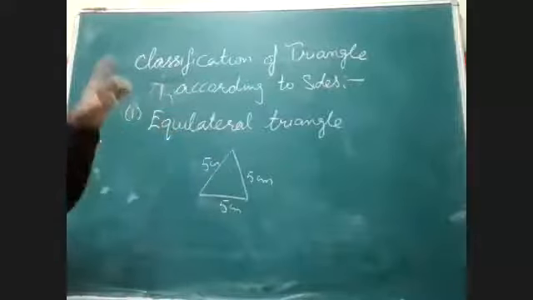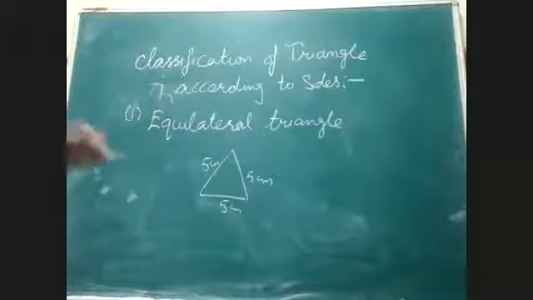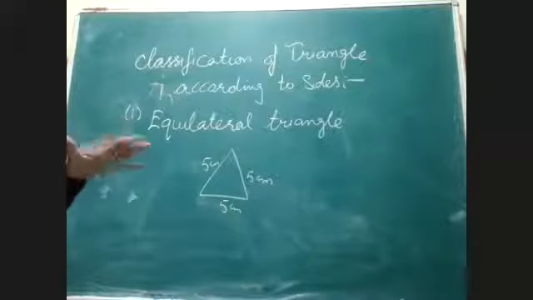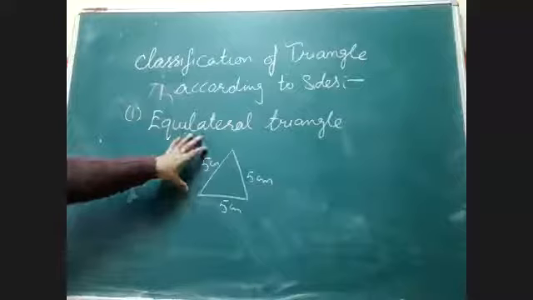What is an equilateral triangle? If all the three sides of a triangle have the same length, equal length 5, 5, 5.